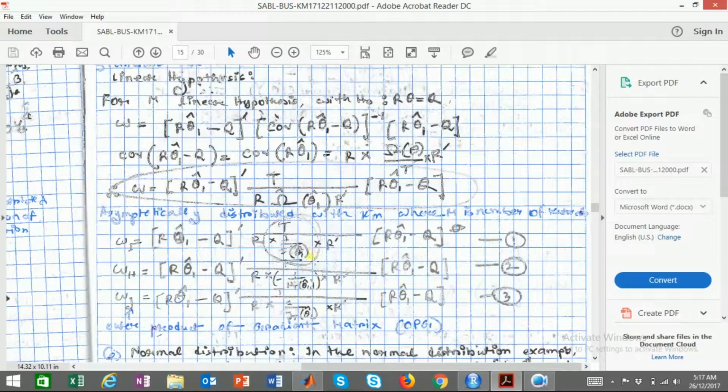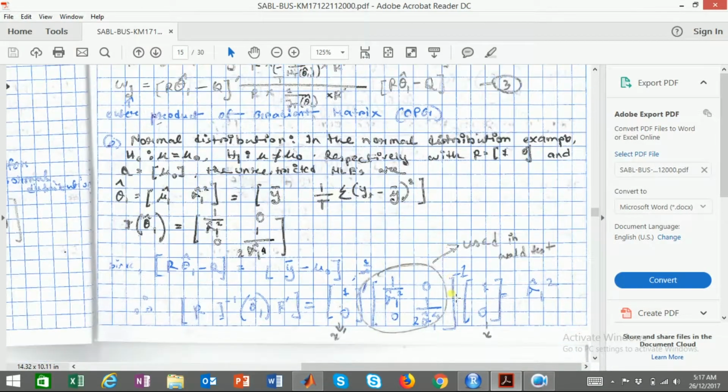With OPG, the outer product of gradients, it is again the inverse in the middle.